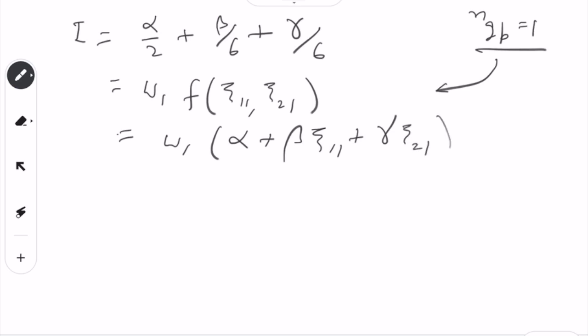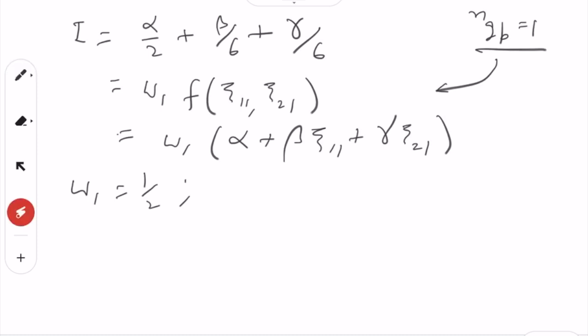Yeah. So, if we compare this to this, we find the coefficient of alpha if we equate. So, W1 has to equal half.